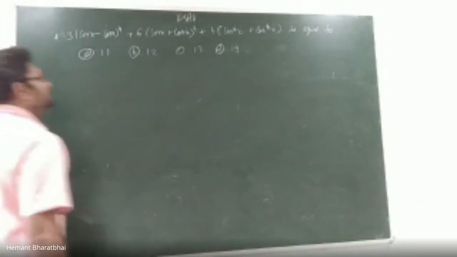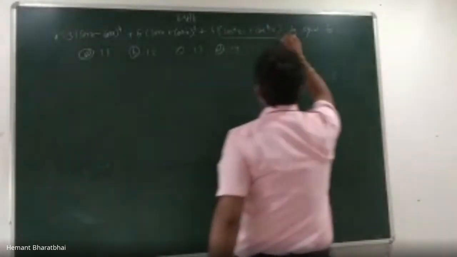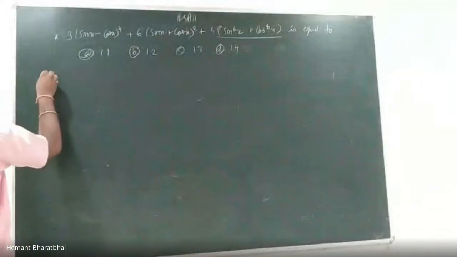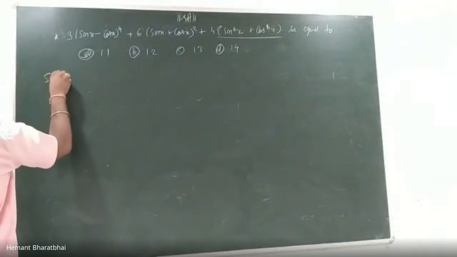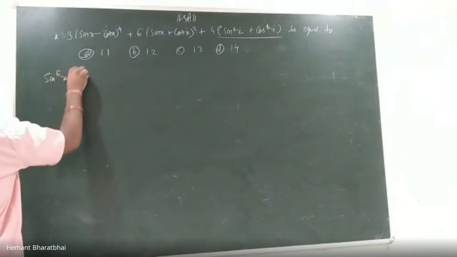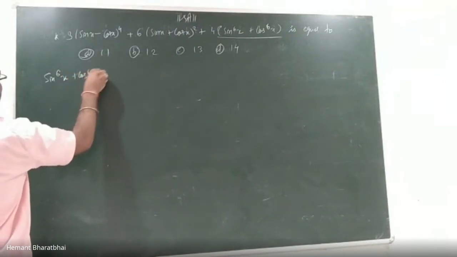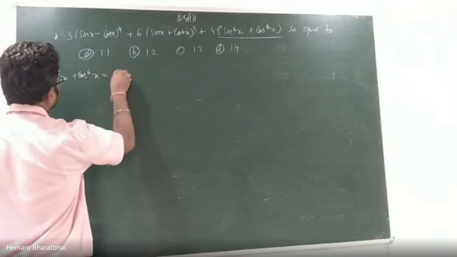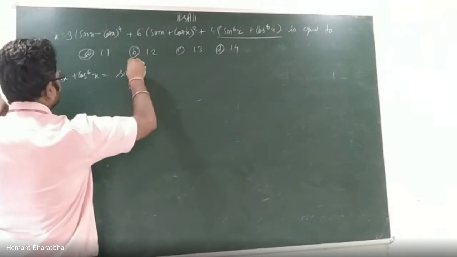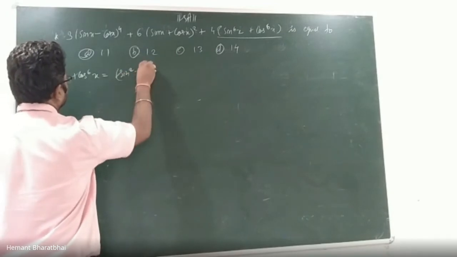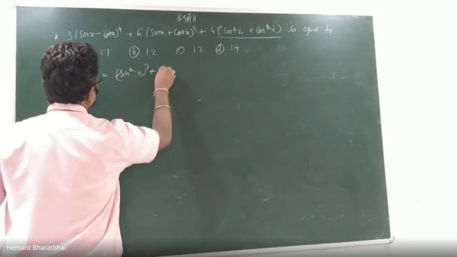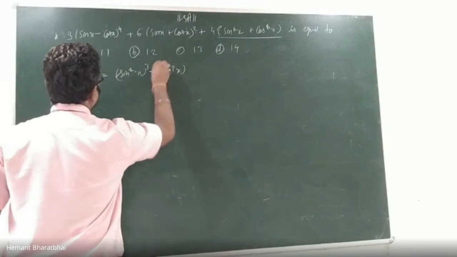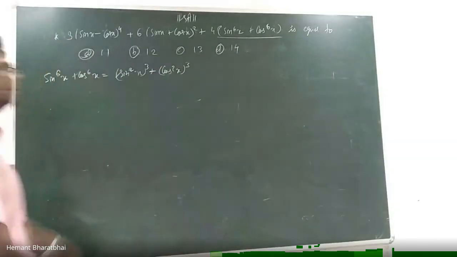This is a little bit more complex one. So I'm taking this term, sin raised to 6x plus cos raised to 6x. Now this can be written as sin square x the whole cube plus cos square x the whole cube.